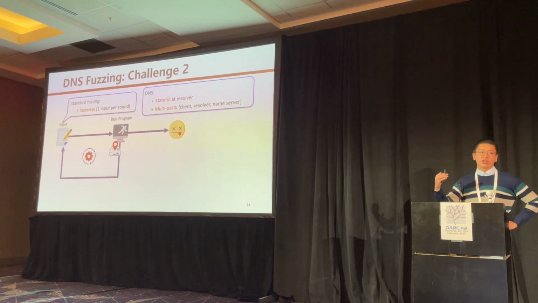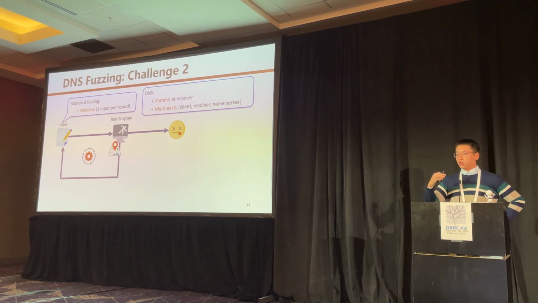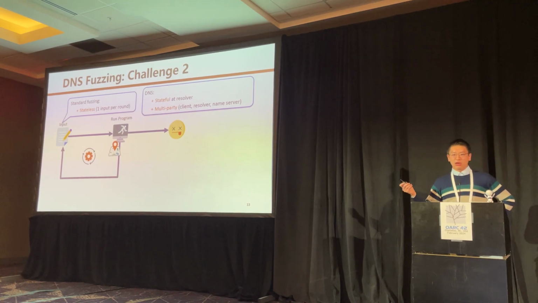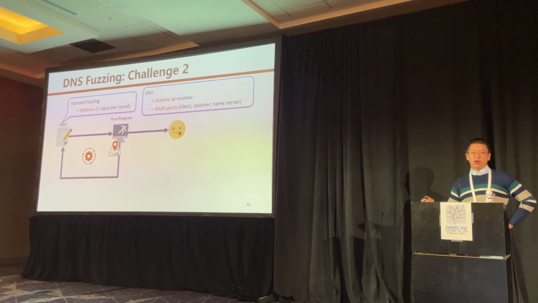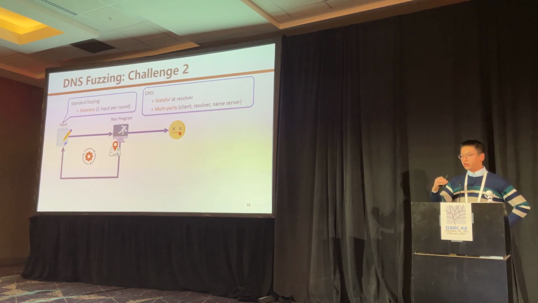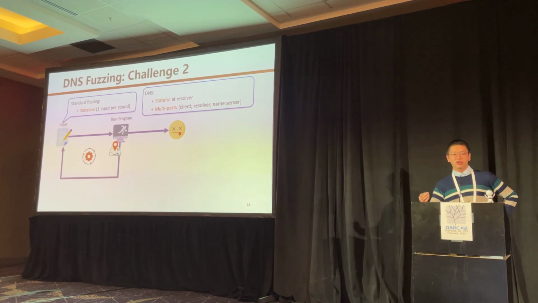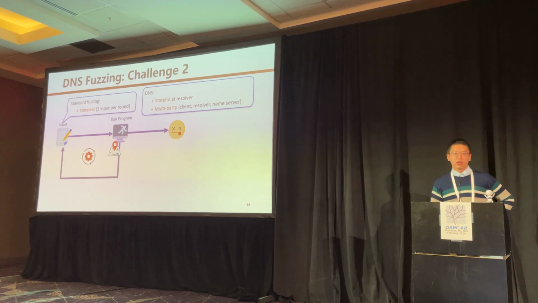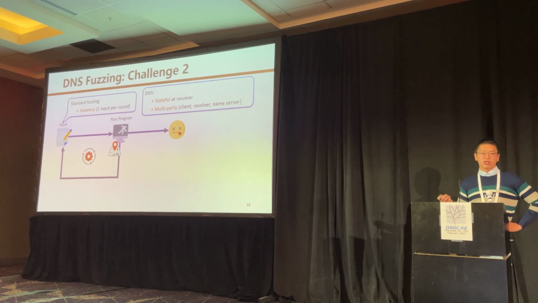They also have a time factor, which means that if there is a timeout, it will lead to different query results. And it involves multiple parties. We can simplify into 3 parties: clients, resolvers, and the authority server, always a name server. So it is more complicated than standard fuzzing.